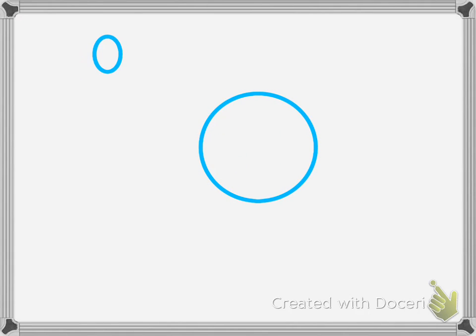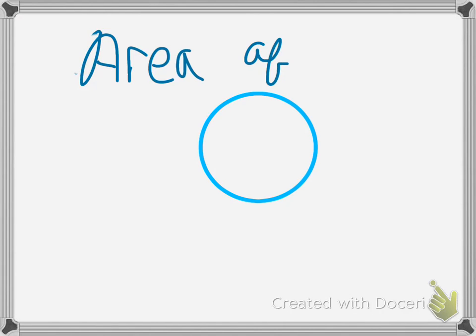So let's rewrite that. The area of a circle, I have an issue spelling here, is what we just came up with: pi r squared.